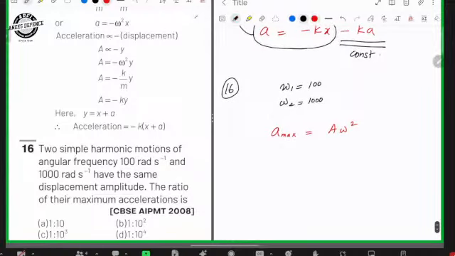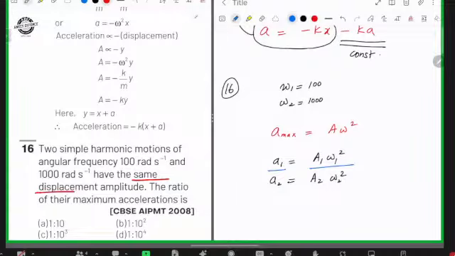Okay. So what about a1? A1 would be equal to a1 into omega 1 square, and a2 would be equal to a2 into omega 2 square. Taking ratio on both sides. In the question itself, they have the same amplitude. So since they have the same amplitude, a1 and a2 get cancelled.